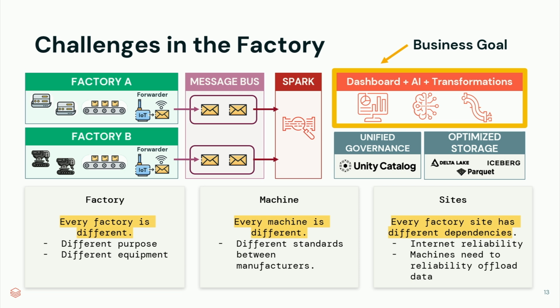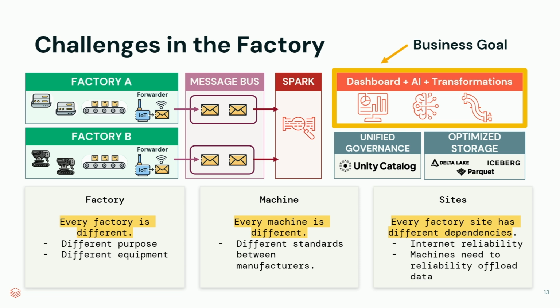Now, these factories operate independently. They have some sort of forwarding agent. This forwarding agent today pushes messages to a message bus. Now in the message bus, these messages are durable, and we can ingest these messages using Spark into our data lake.